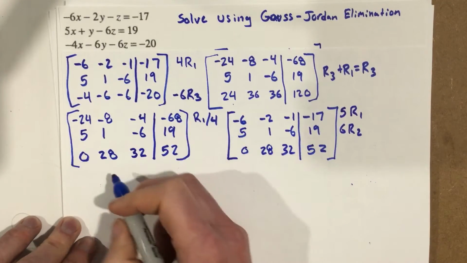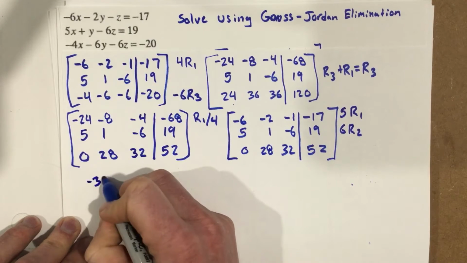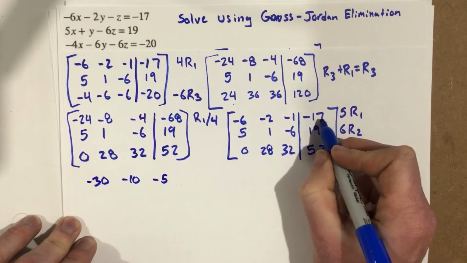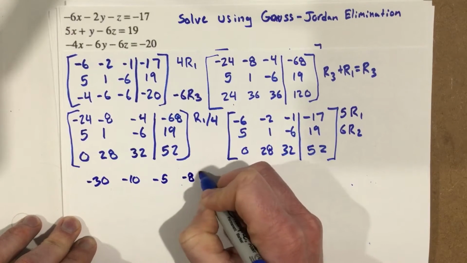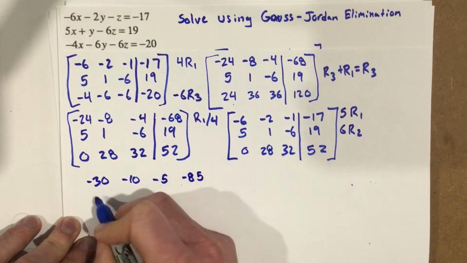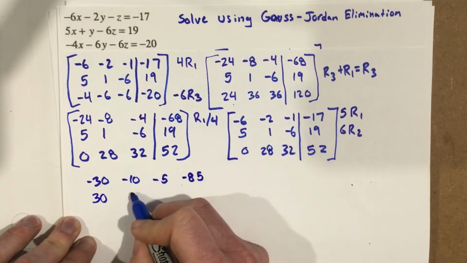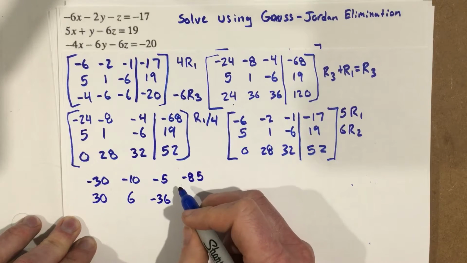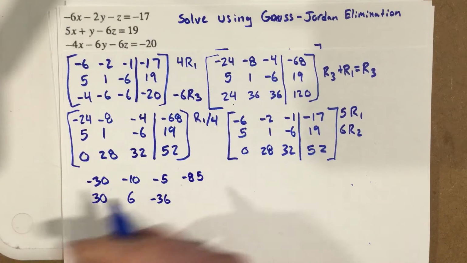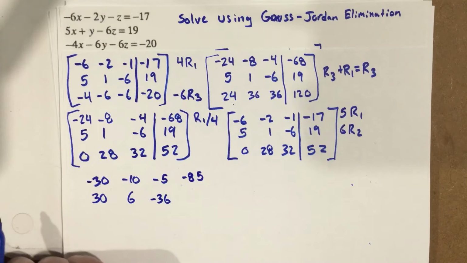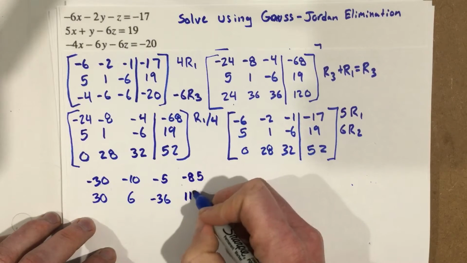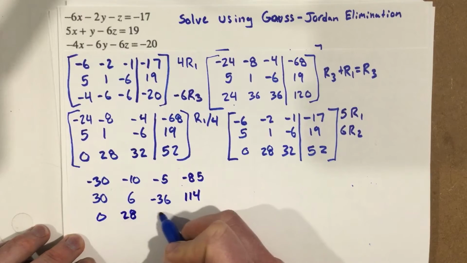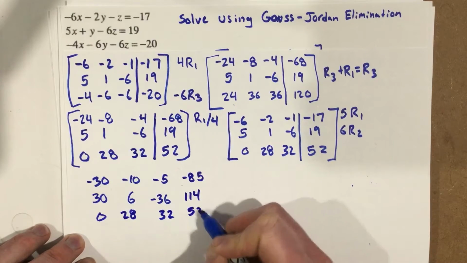So when I multiply, I get -30, -10, -5, -85. 6 times the middle row will give me 30, 6, -36, and 114. 114 it is. Then 0, 28, 32, 52.